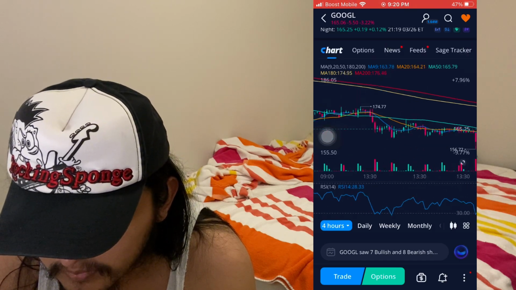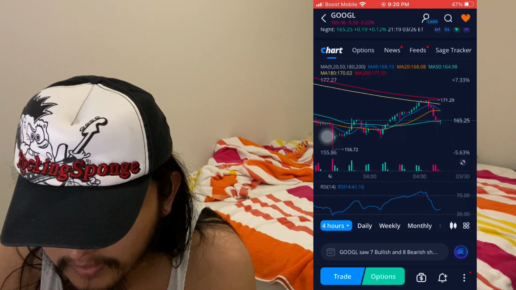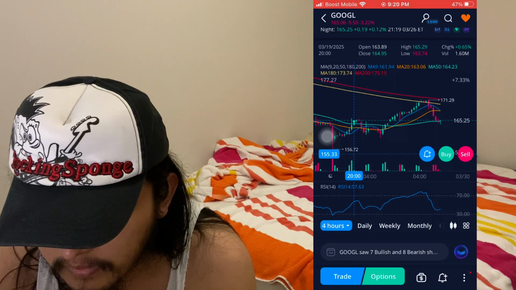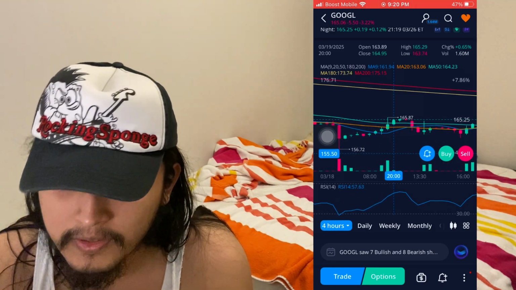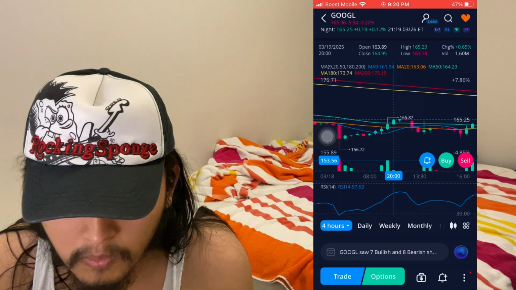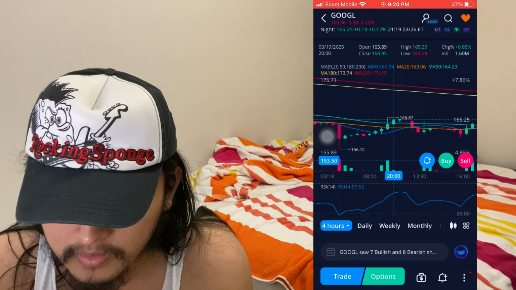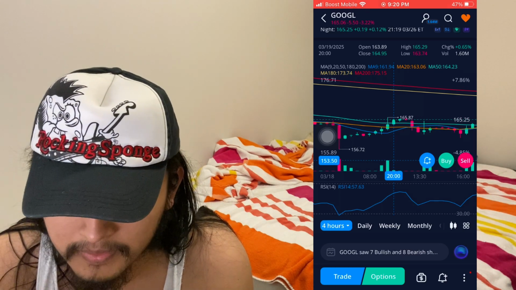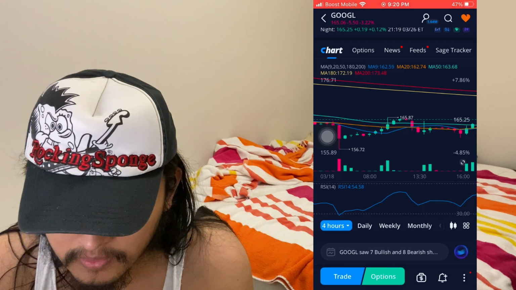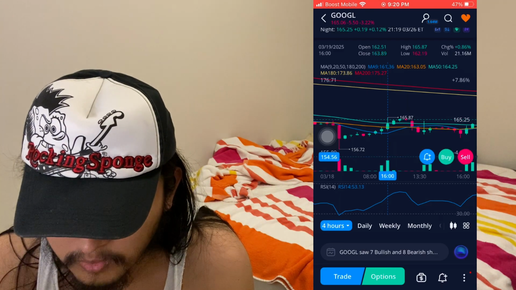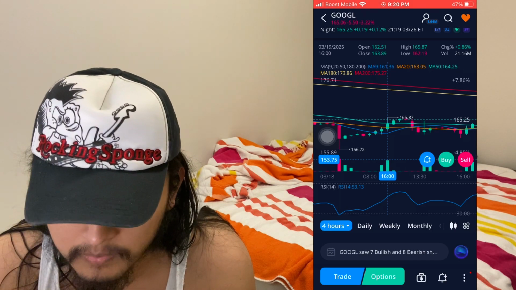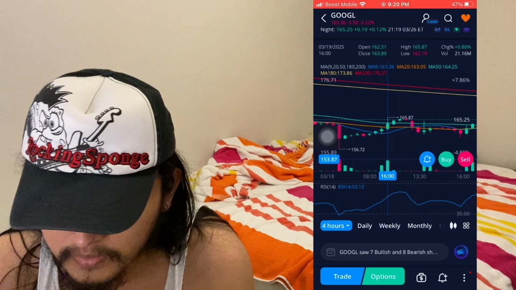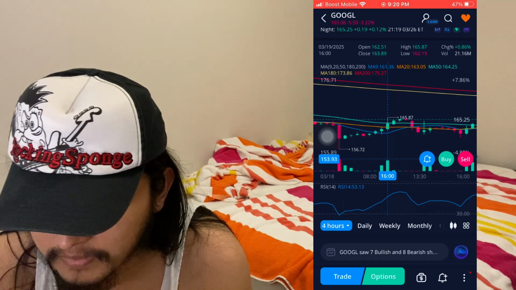And so when I saw that on the 19th, I took that into consideration, knowing that Google's just been getting rejected by the 50-day moving average. And so if that's the case, if it's going to approach the 50-day moving average, I'm going to buy a couple of put options of Google as soon as it approaches the 50-day moving average.